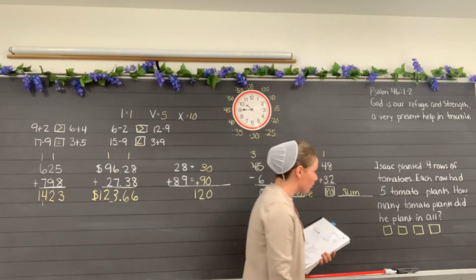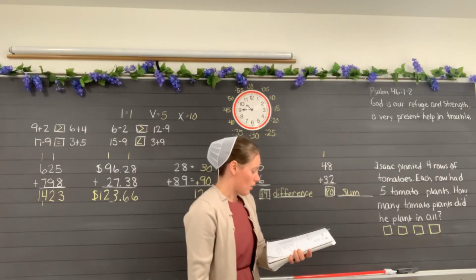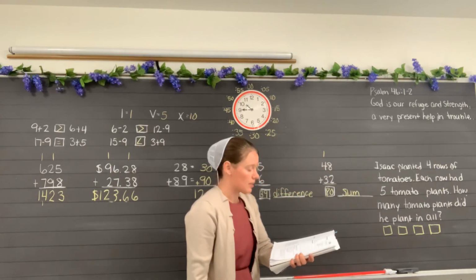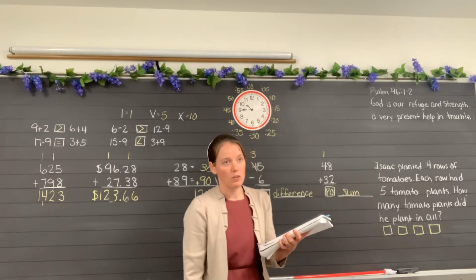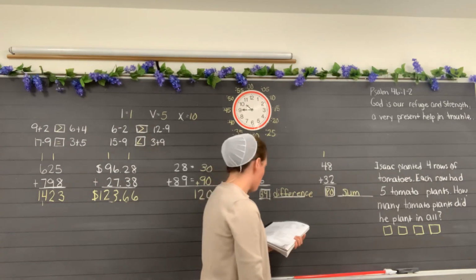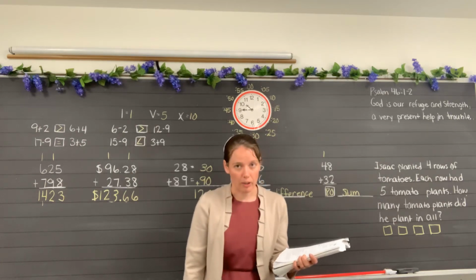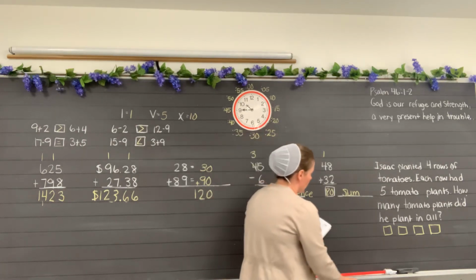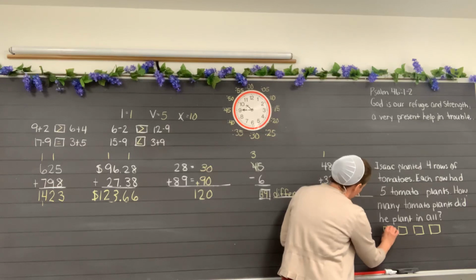Okay, so we have 4 groups. Now, each group includes the same number of items. So each row had the same number of tomato plants in it, in other words. So we will write this number inside the box, which would be 5.